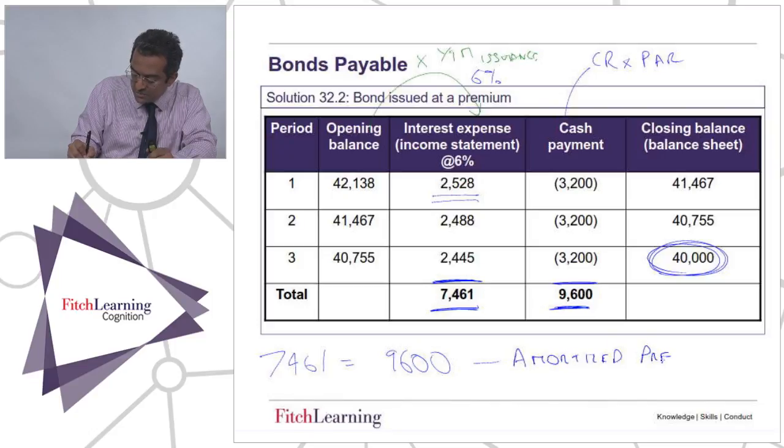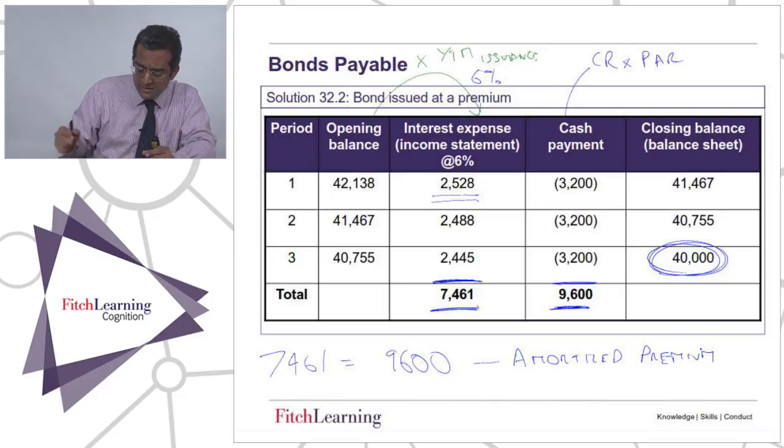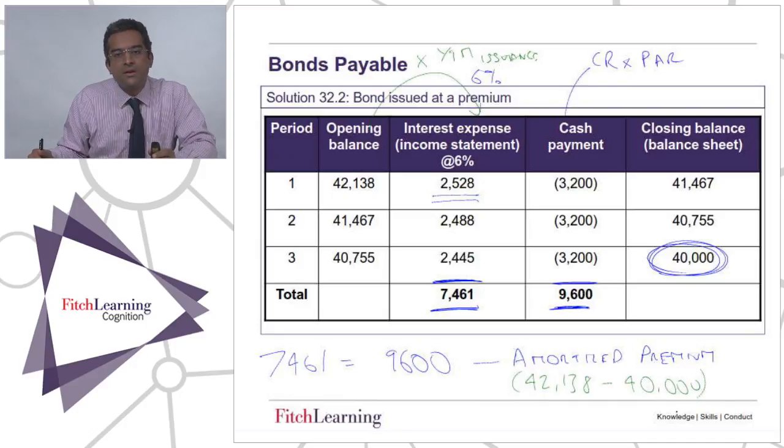Essentially, the issuer is repaying less than they borrowed. So it's a sense of a saving, really. But the amortized premium, guys, is the difference between 42,138 versus 40,000. So that explains the difference. Okay, hope that's all right.